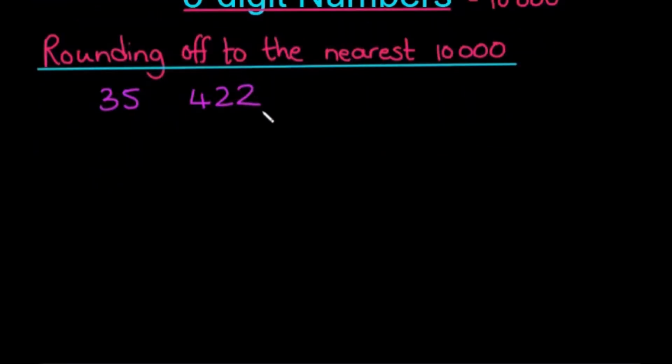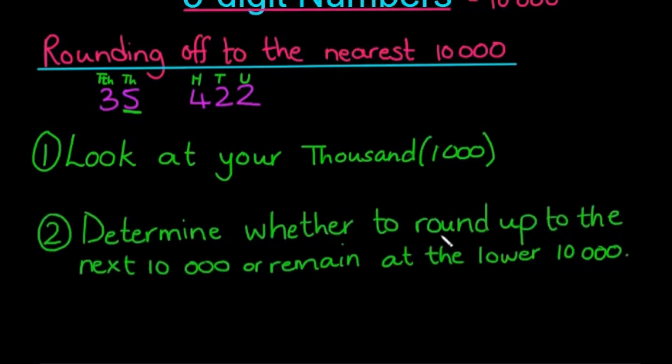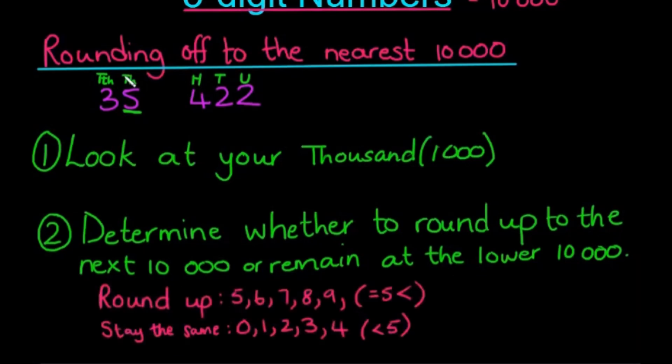So when you need to round off the nearest 10,000, you need to look at your thousand. Number 2, you need to determine whether to round up to the next 10,000 or remain at the lower 10,000. So if I need to round up, my 1,000 needs to be 5, 6, 7, 8, or 9.